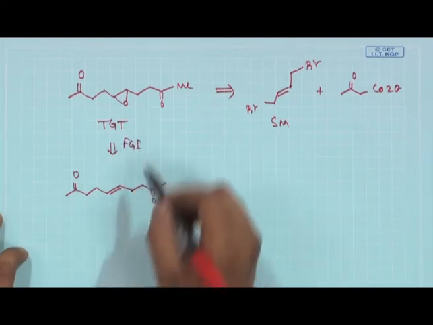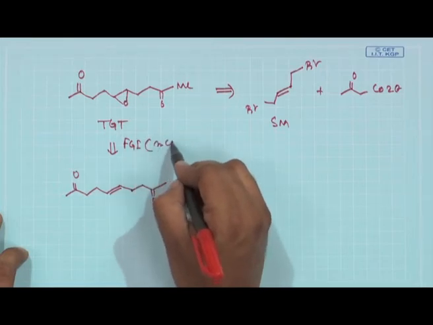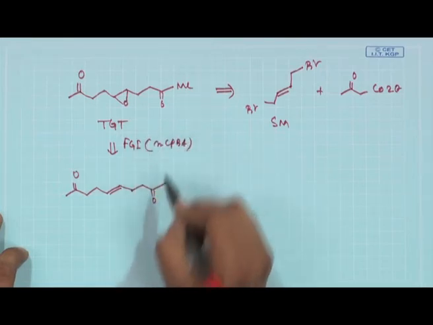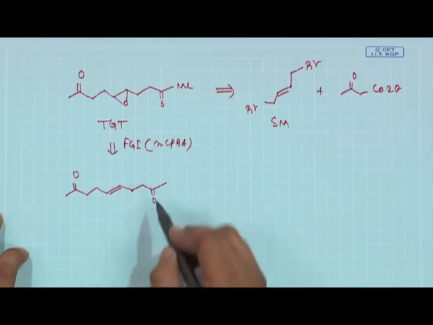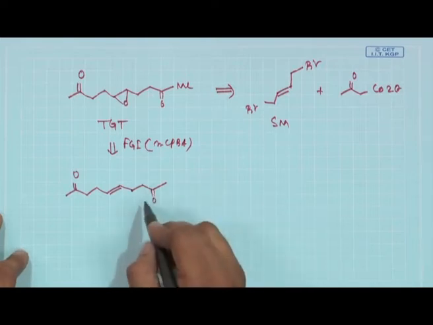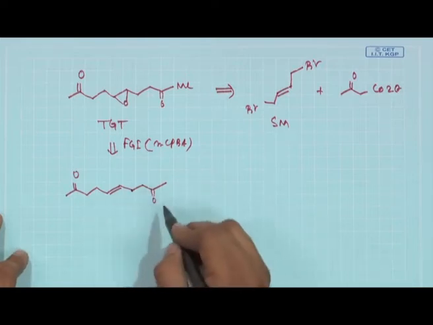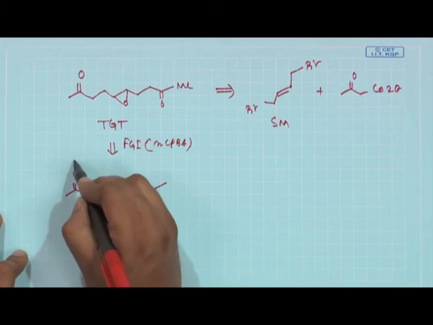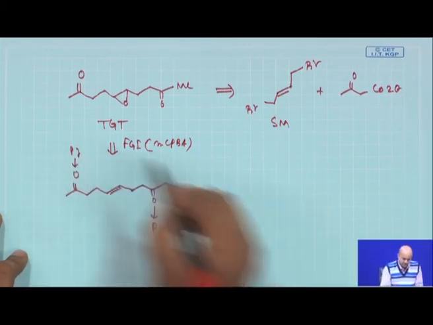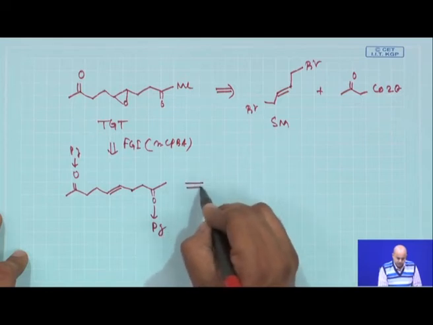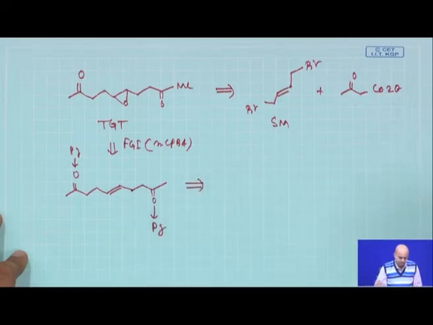As I say, MCPBA also has the possibility to make the Baeyer-Villiger reaction possible. So, probably this ketone needs to be protected, PG. Let us first formulate the disconnection, then we will come to the forward synthesis.